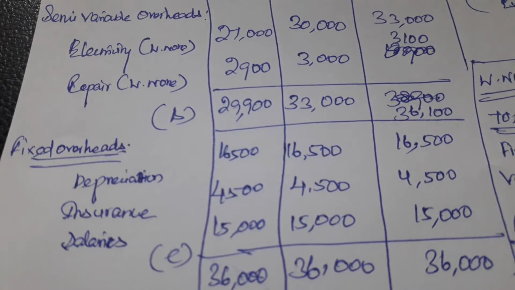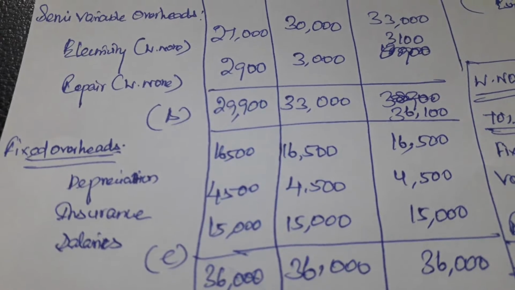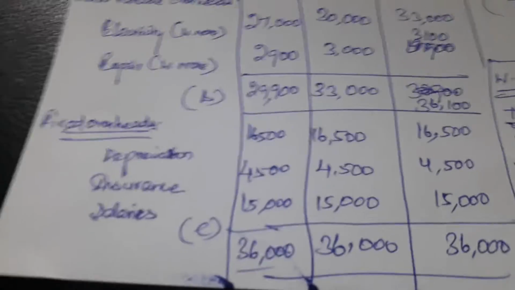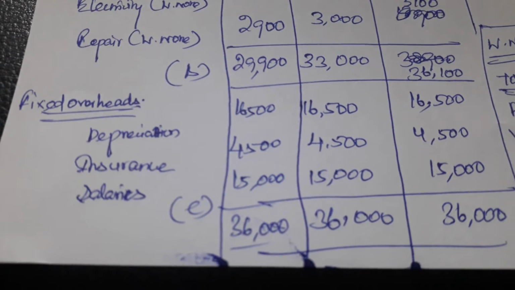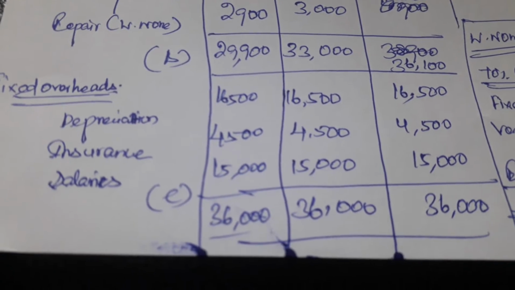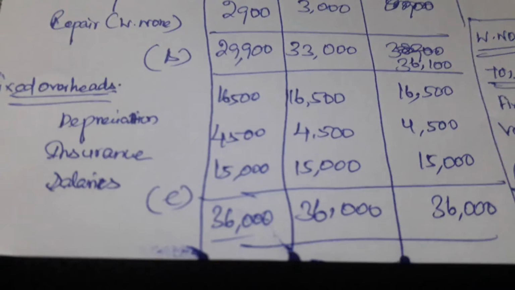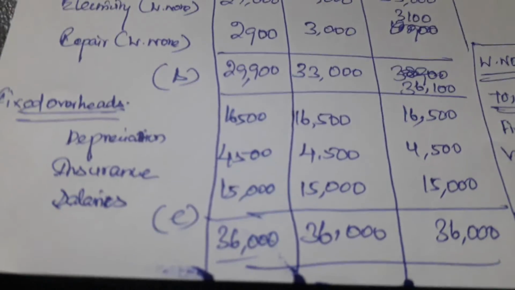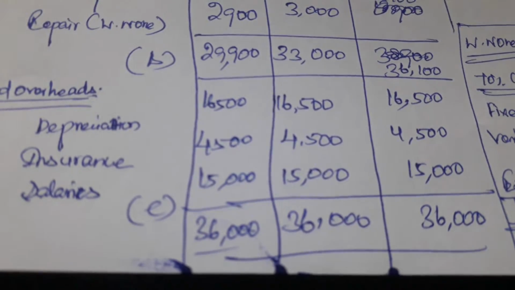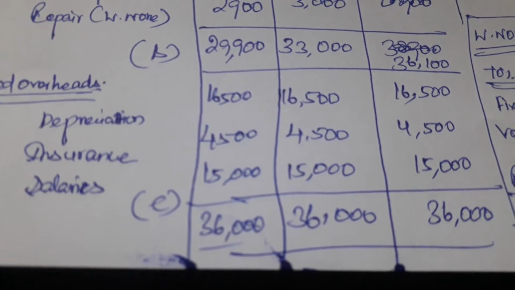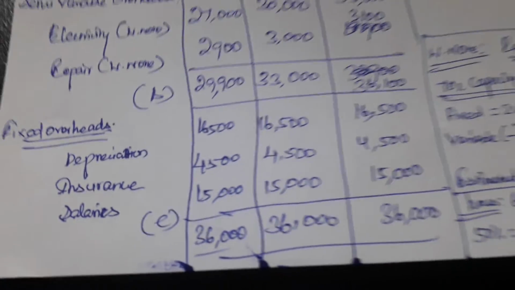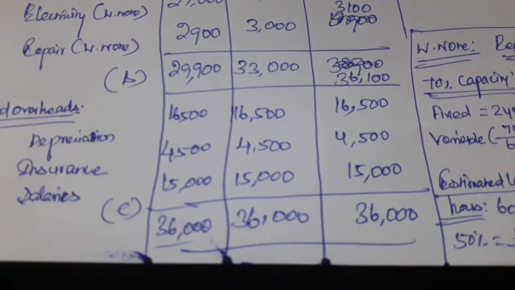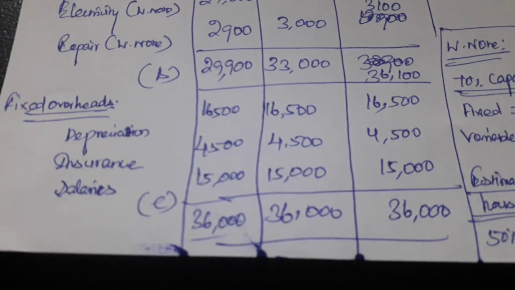It never changes, whatever the capacity. It is called fixed overheads. Depreciation, insurance, and salaries are given in the problem as 16,500, 4,500 and 15,000. Finally we total them as 36,000.